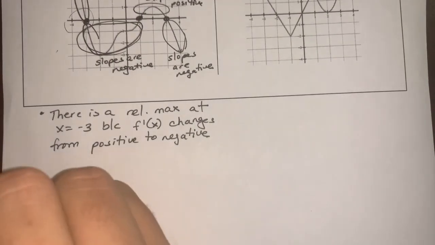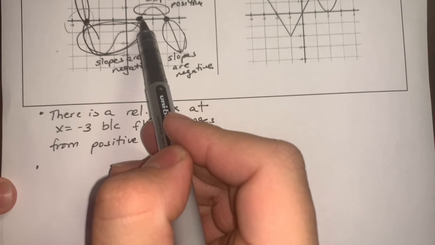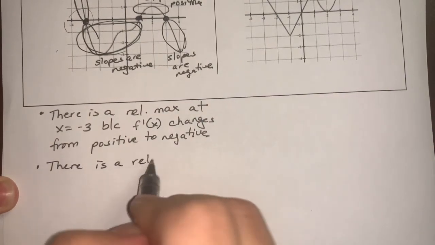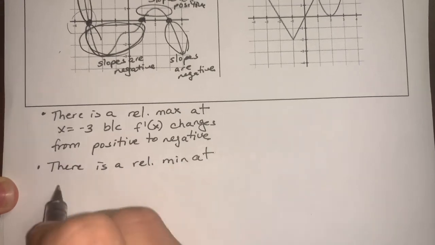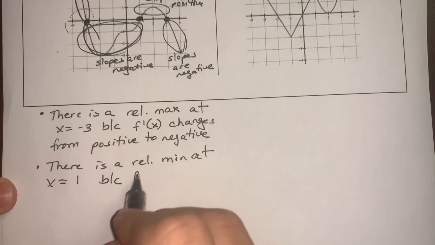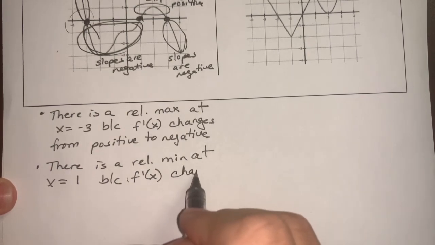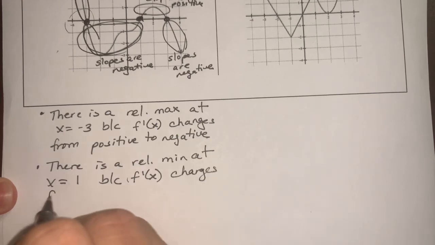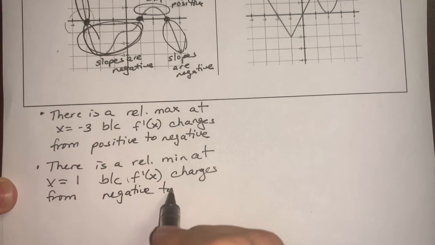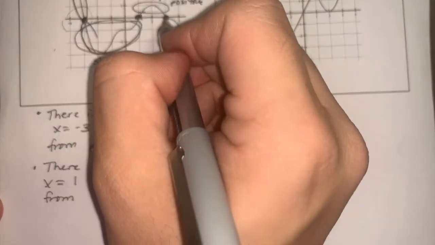Okay? We're going to say there's a relative minimum at this one. So there is a relative minimum at x equals 1 because f prime of x, or our derivative, our slopes, changes from negative to positive.